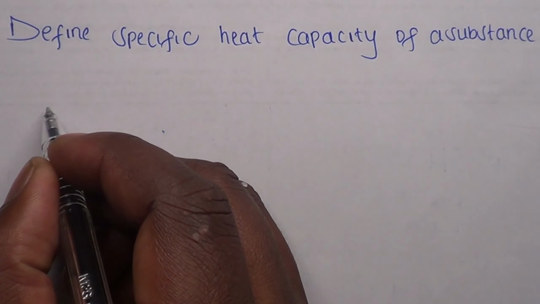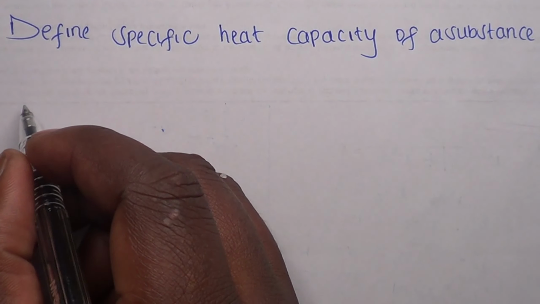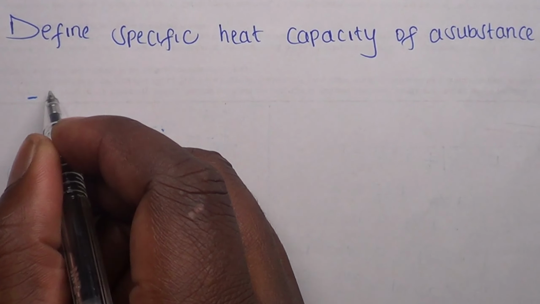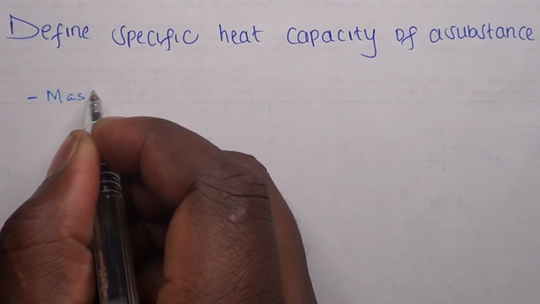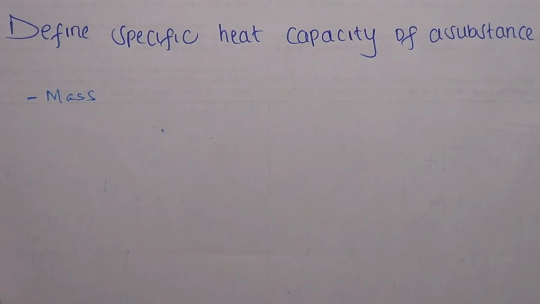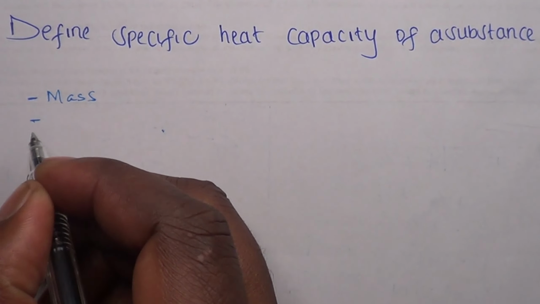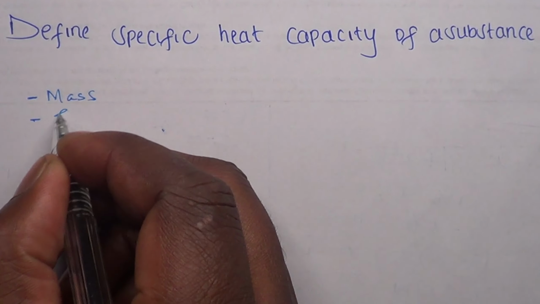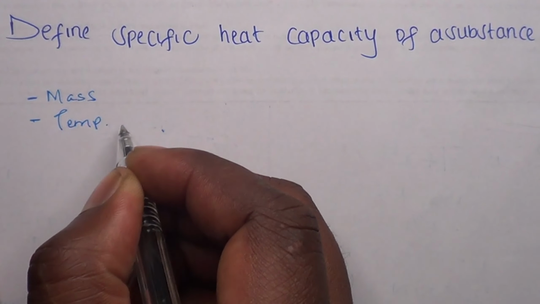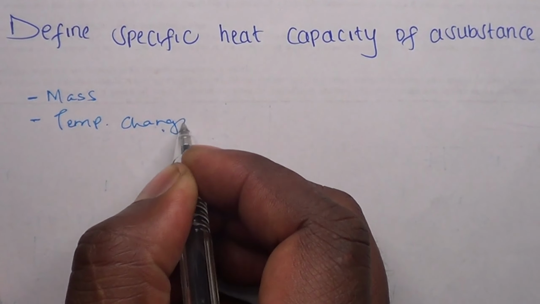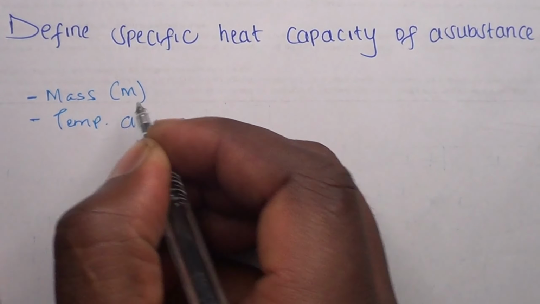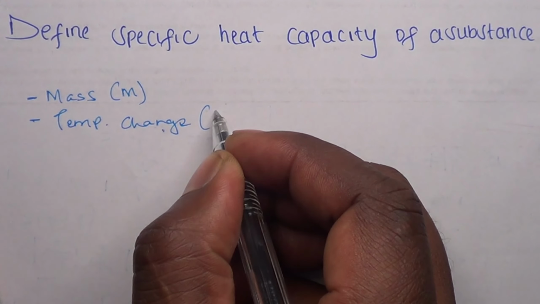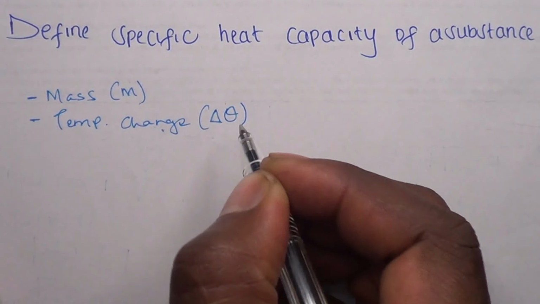So those three things whereby the energy depends on: one, it must be the mass. Two, it must be the temperature change. Here it is the mass, and here it is the temperature change.